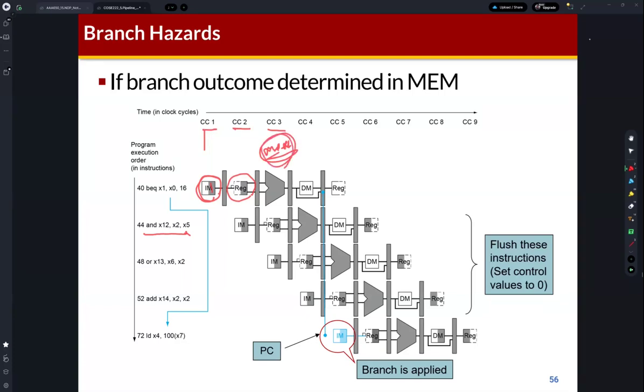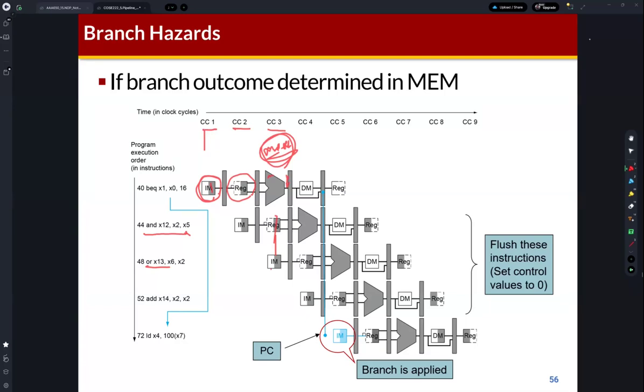But the ALU exhibits some delays, right? We don't know the result of this comparison immediately. This is hardware. So when the comparison is being performed, the next instruction is also fetched, right? So here and here. And then we can get the result of the comparison at the late part of the clock period.